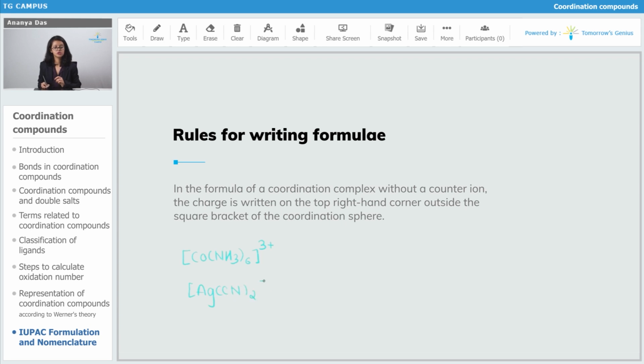Similarly for this also, the charge is written on the top right hand corner outside the square bracket, and in case it is 1, then you do not need to write 1 negative, you can just directly write negative. If you just write negative, by default we mean that it's 1 negative.